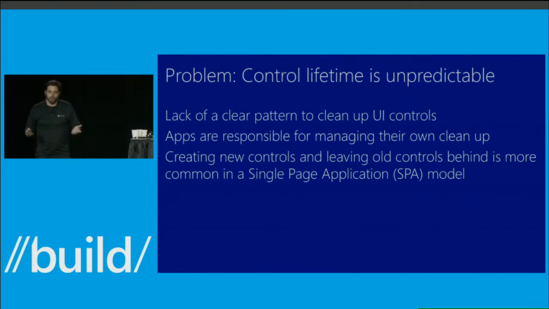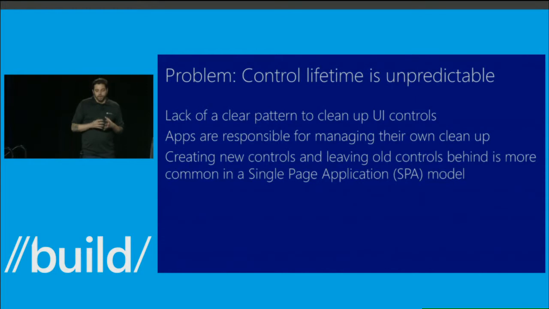And so that's really difficult. We did have some dispose capabilities inside of WinJS, but it wasn't really clear and consistent across the entire framework, or the entire library. And so that seemed to be an unmanageable thing. Also, the single-page application architectural pattern or model is amplifying the need to ensure that you're actually cleaning up your UI.